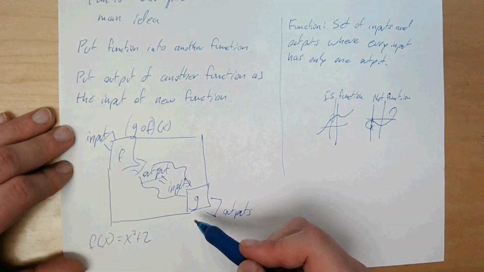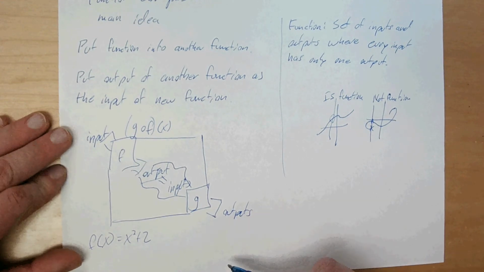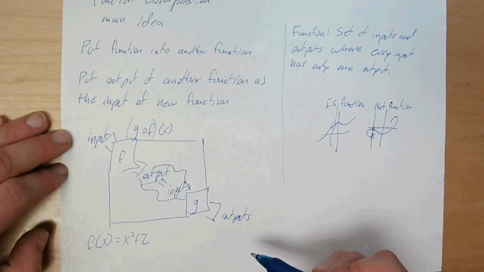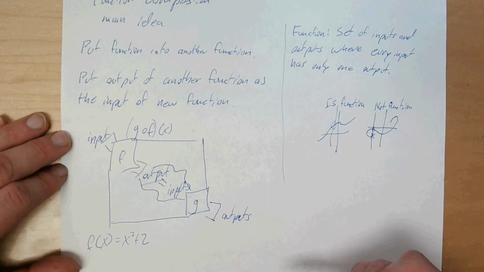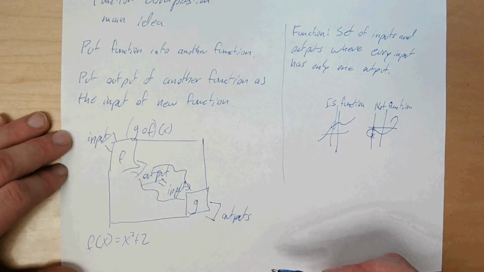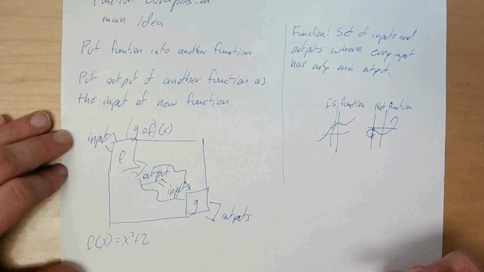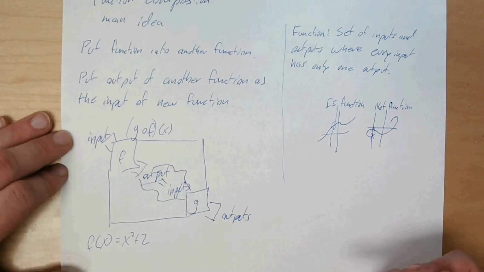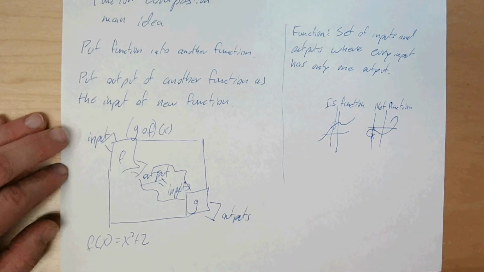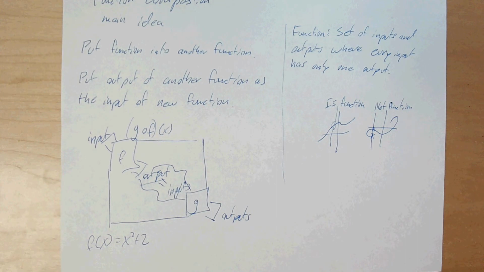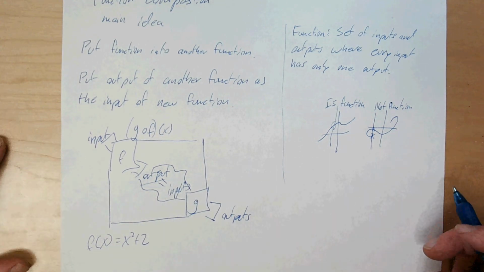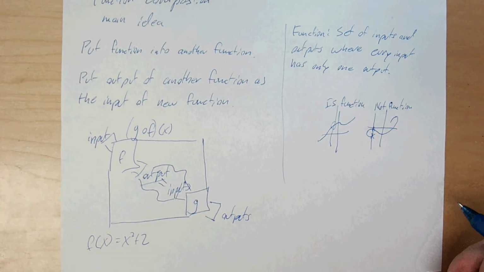This is the idea of function composition. Instead of just having one input go to one output, we can think about an input becoming an output, becoming an input, becoming an output. So you can string functions along, creating more and more complex functions from pretty simple functions. So in the next video we'll do a first example with this.